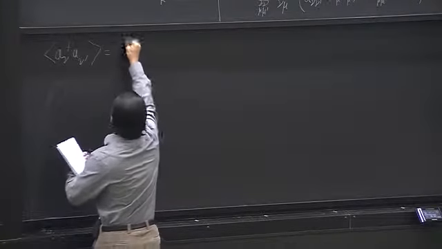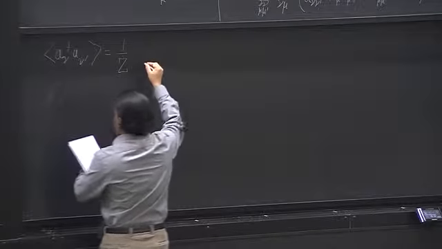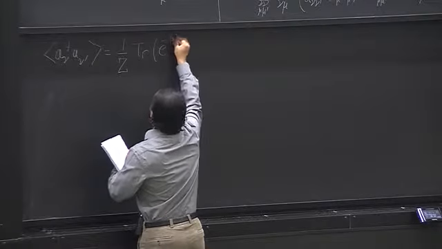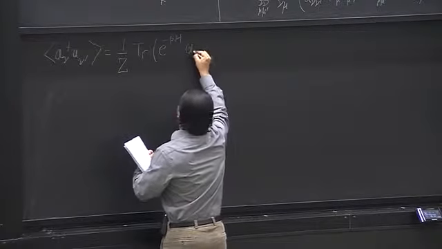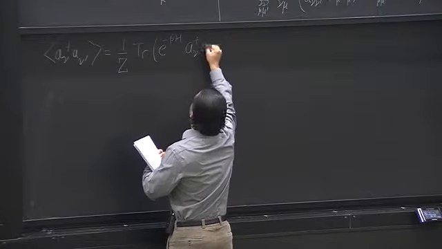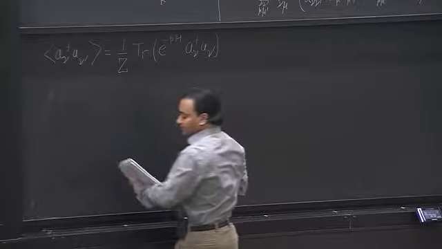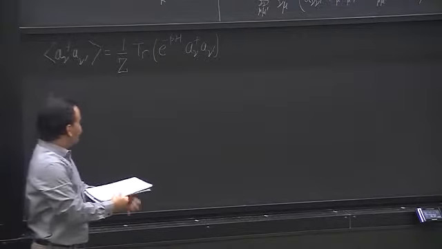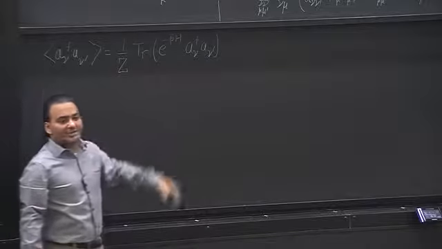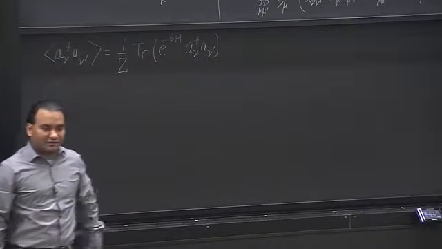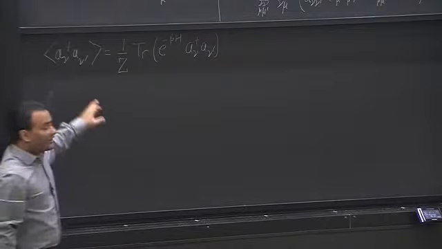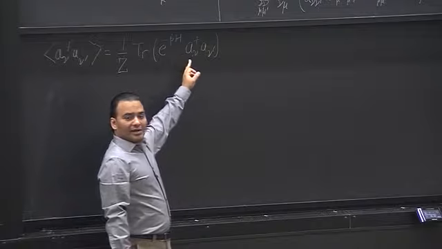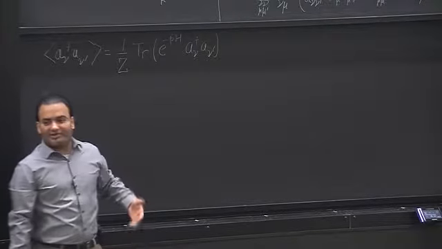This you can calculate as 1 over the partition function, trace e to the power minus beta H, a nu dagger, a nu prime, where Z is e to the power minus beta H, the partition function. So to calculate these expectation values, you need to know H. And to calculate H, you need to know expectation values.